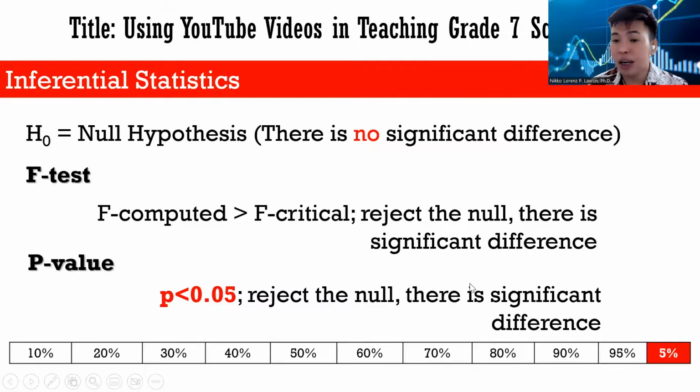So if we got a p-value that is 0.04, therefore we are 96% sure about our result. If we got 0.02, therefore we are 98% sure that our data has a probability to happen.